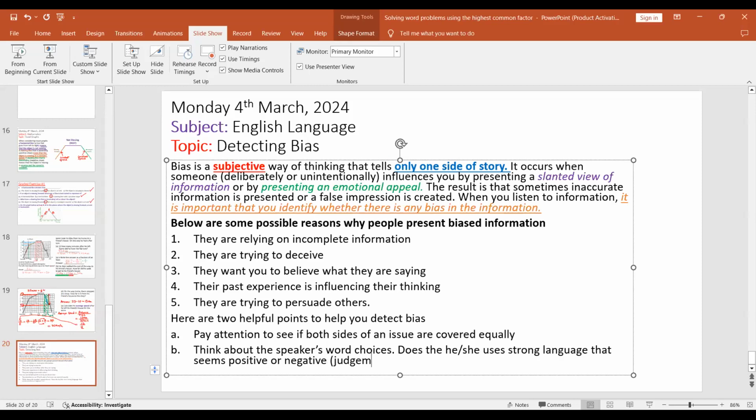Judgmental? If so, bias is probably present.